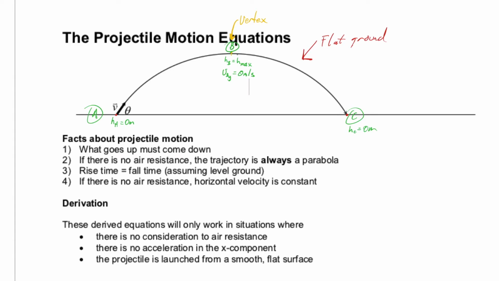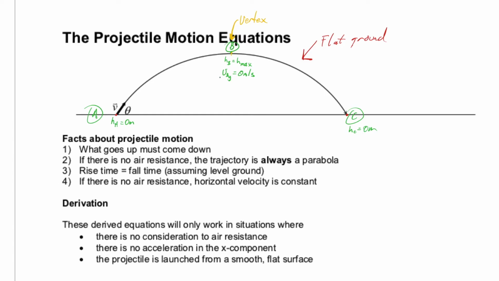So as far as the y component is concerned, it temporarily stops rising, nor is it falling for this brief moment. Therefore, it is technically not moving in the y component. Hence, the vby is 0 meters per second. That is always true when we're at the vertex during projectile motion. At the highest point, the y component of the velocity will always be 0.